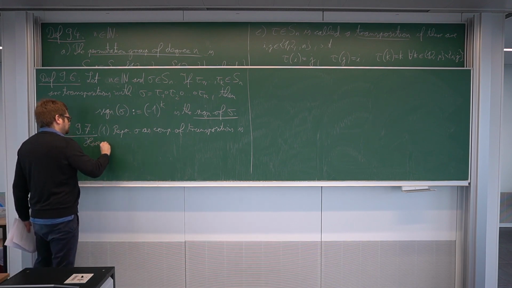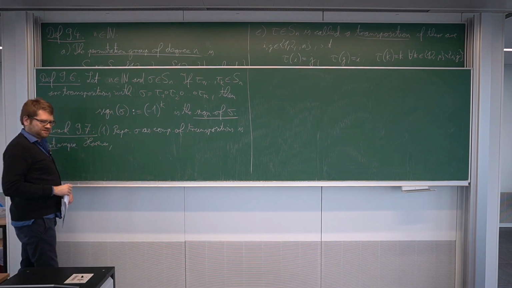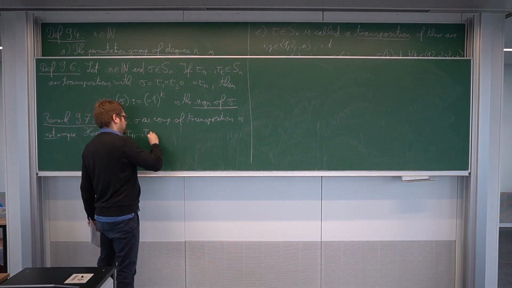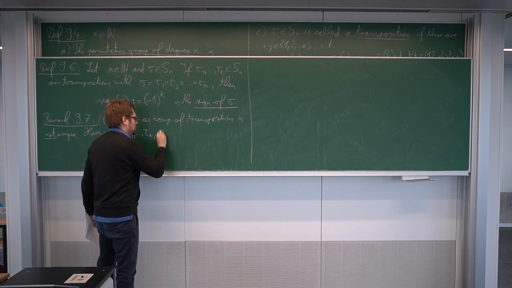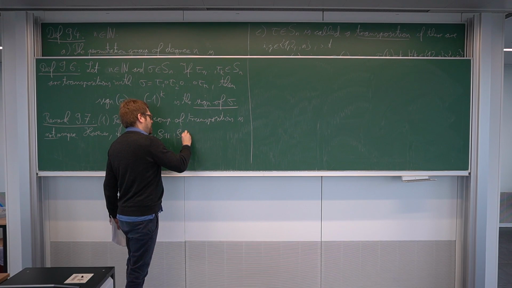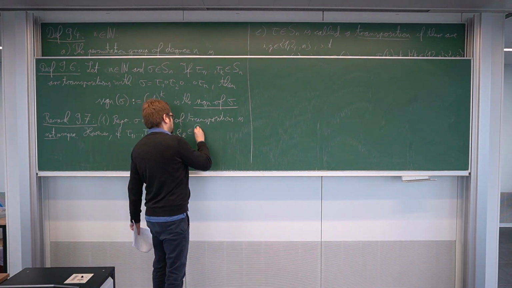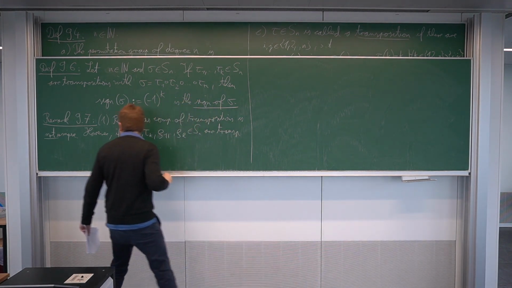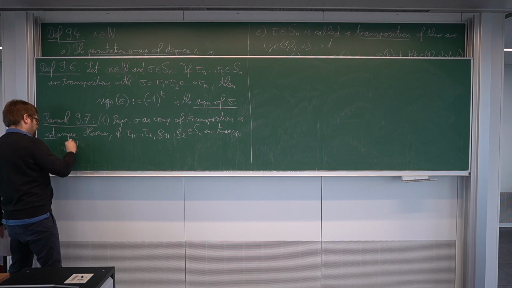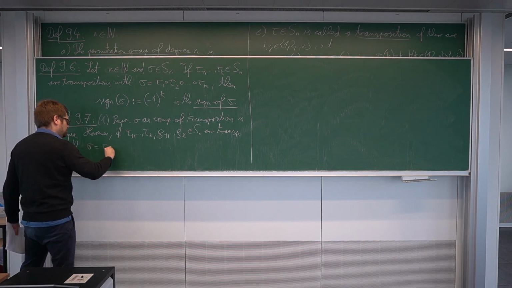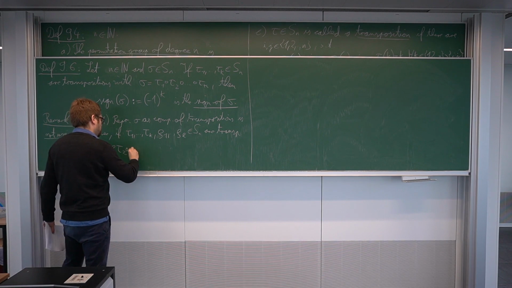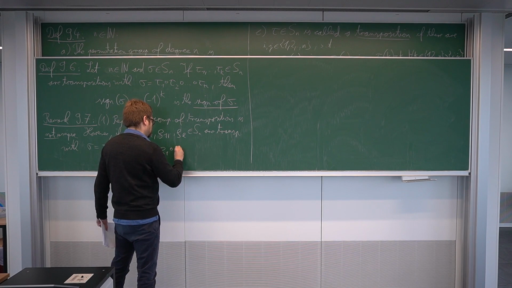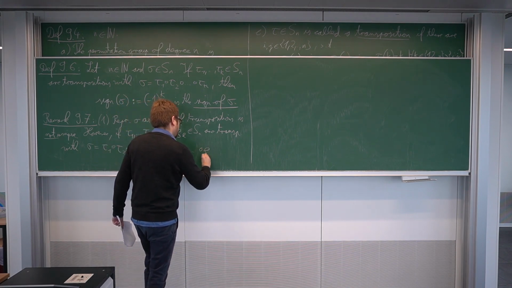However, if we have two different ways of writing this, so for example, tau 1 to tau k, and now another Greek letter, rho 1 to rho L for some other number, in Sn are transpositions with sigma is the composition tau 1 composed with tau 2 and so on composed with tau k, but it's also the composition rho 1 composed with rho 2 and so on with rho L.